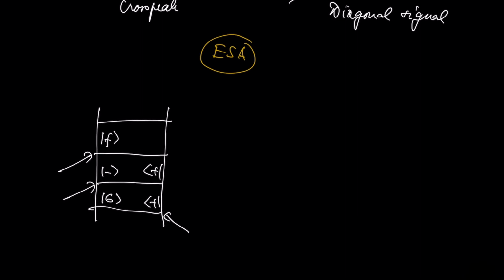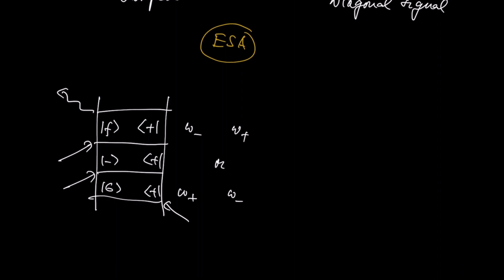So this is the diagram that leads to the excited state absorption, and it has omega plus here and omega minus here. The frequency between the plus and F state is omega minus. Or we could have started with omega minus and ended up with omega plus. So there are two rephasing pathways, and they are obviously cross peaks again, because they have different frequencies.